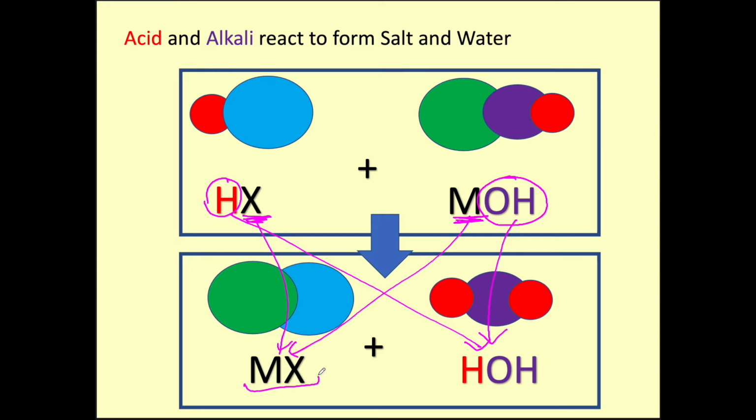And this MX here is a salt, something such as sodium chloride. So in your worksheet you now have a word and symbol equation to fill in. Pause the video whilst you fill in both the word and symbol equation for this neutralization reaction.